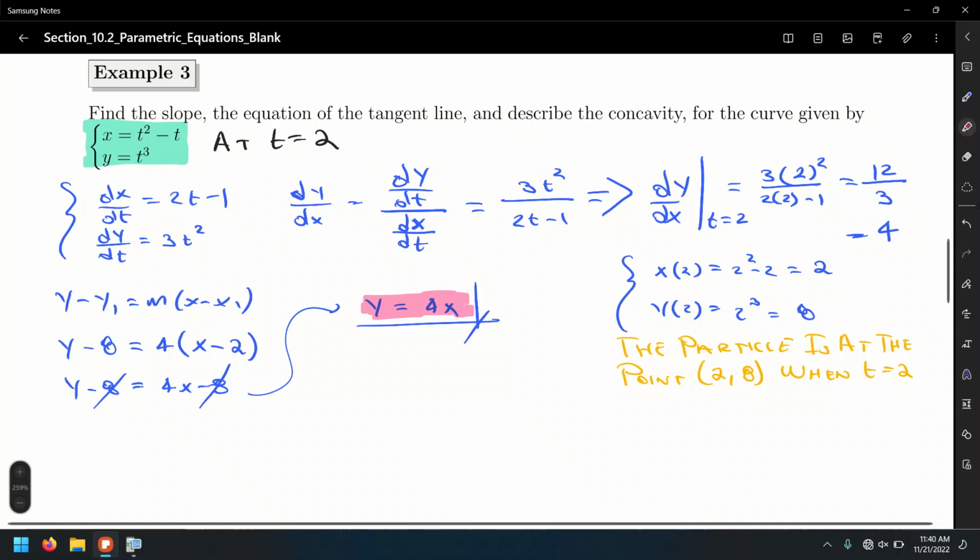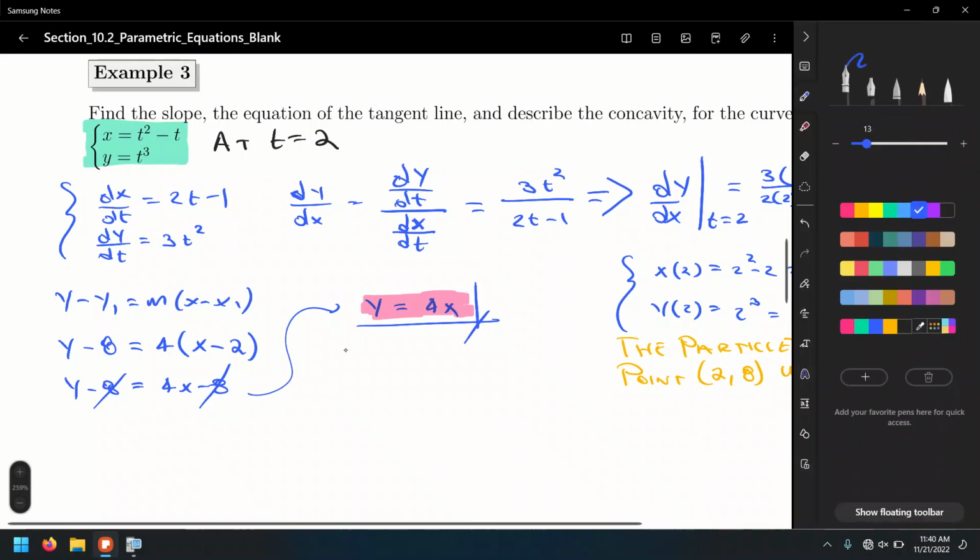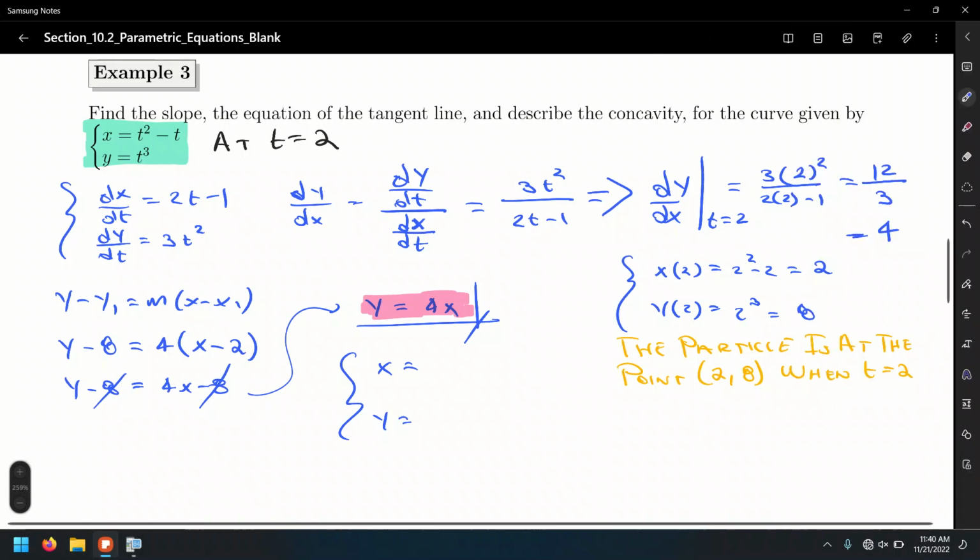So in this case, it would be a lot easier to parameterize the second equation, y equals 4x, because it's just the equation of a line. Recall that the traditional way to parameterize a rectangular function is to give t to the independent variable, and in this case the independent variable is x, so that'll be x equals t, and y equals 4 times x, which is just 4t.